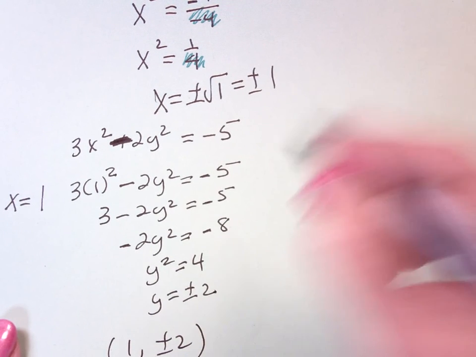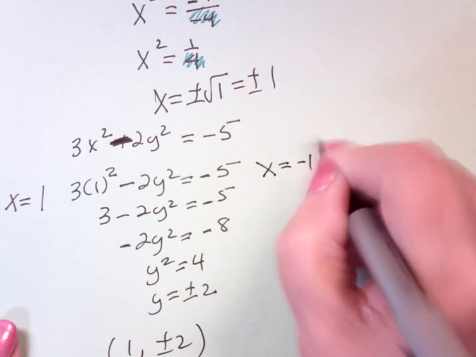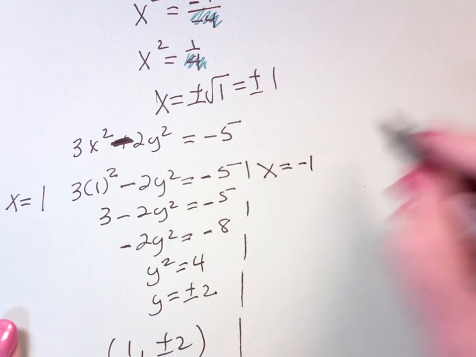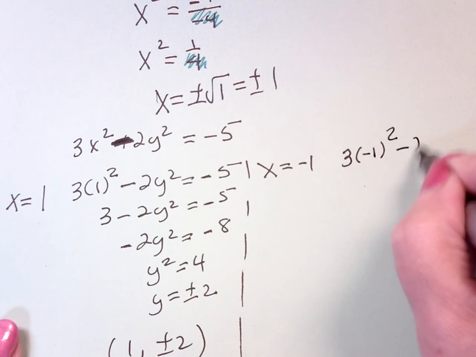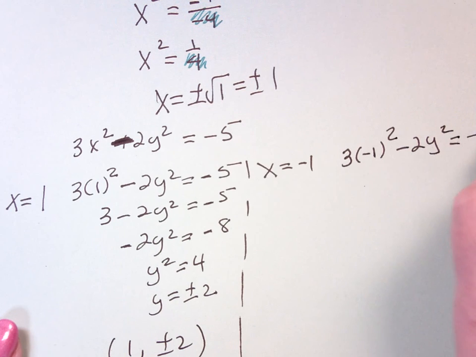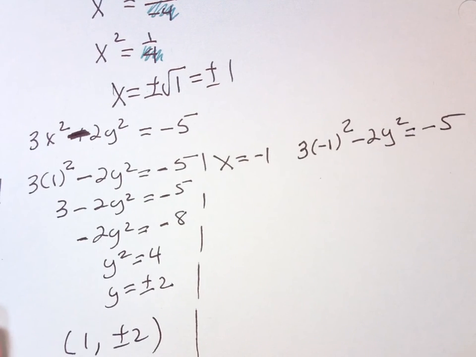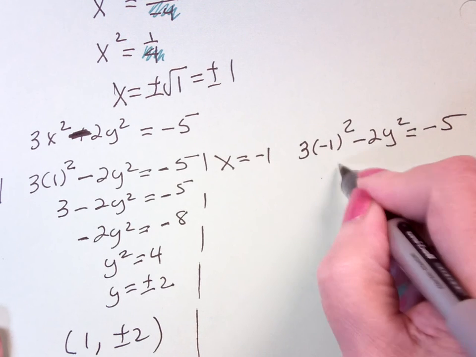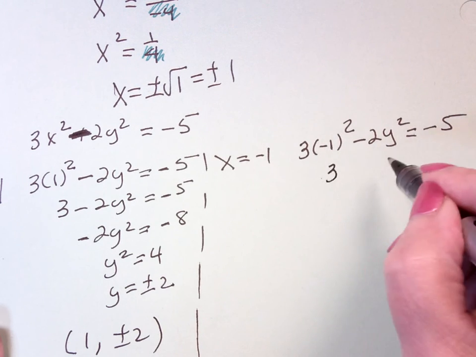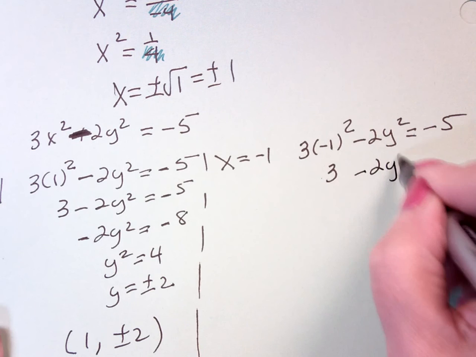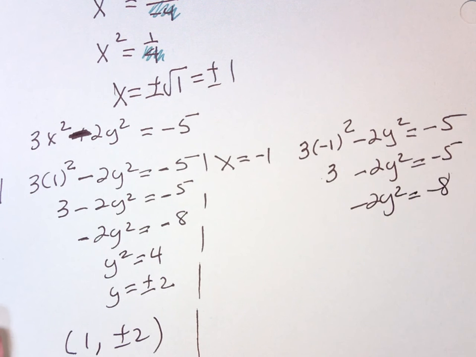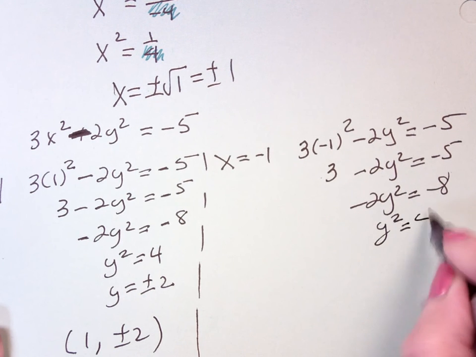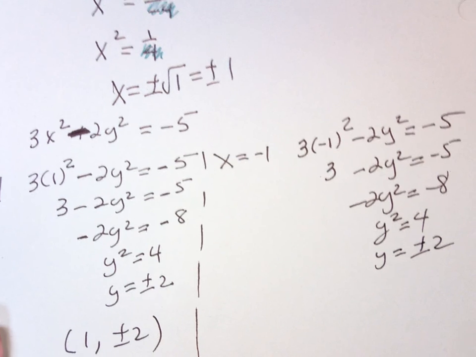And if you think about it, I got a twofer, because if I put in x equal negative 1, I'm squaring. So this would be 3 times negative 1 squared minus 2y squared equals minus 5, which is 3 times positive 1, 3, minus 2y squared equals minus 5, minus 2y squared equals minus 8, y squared equals 4, y equals plus or minus 2, which is what it should be.